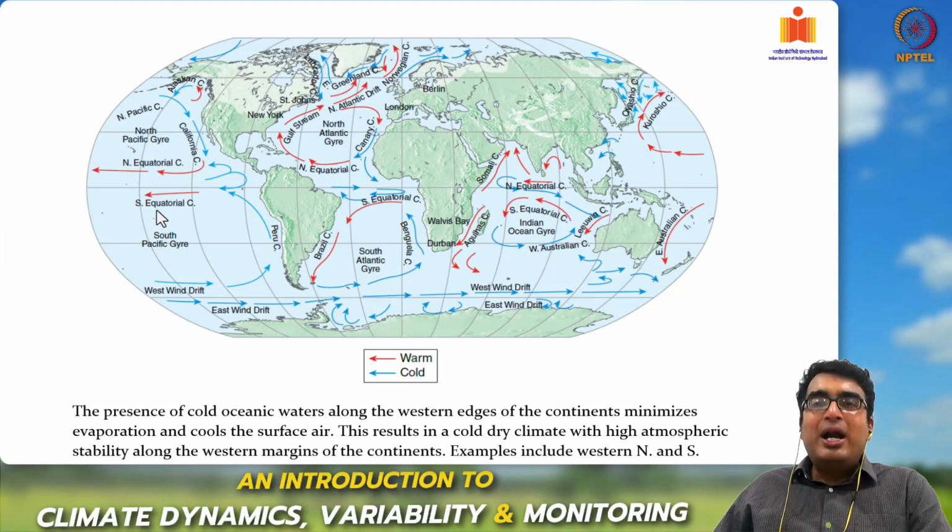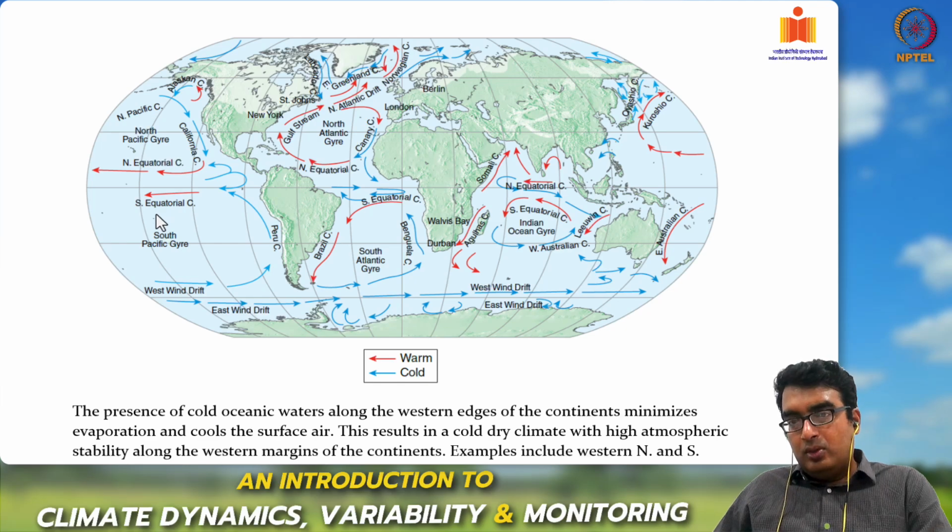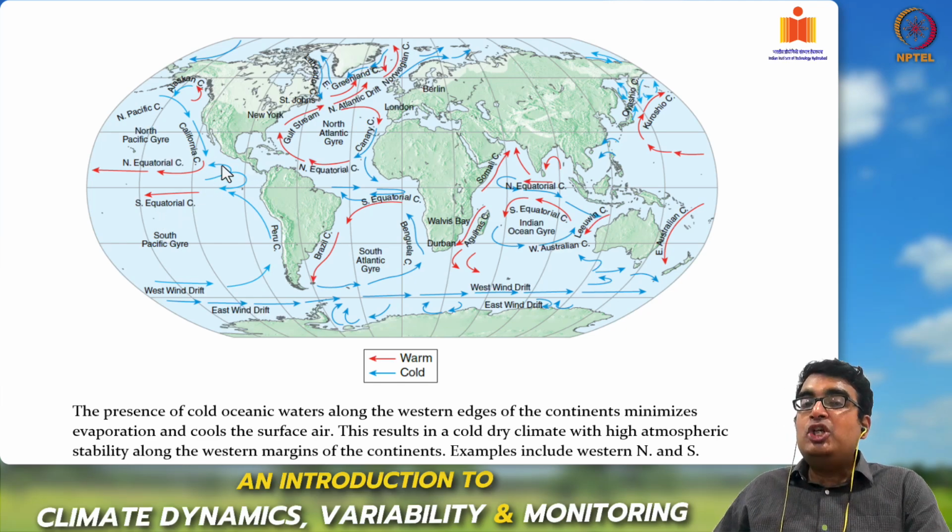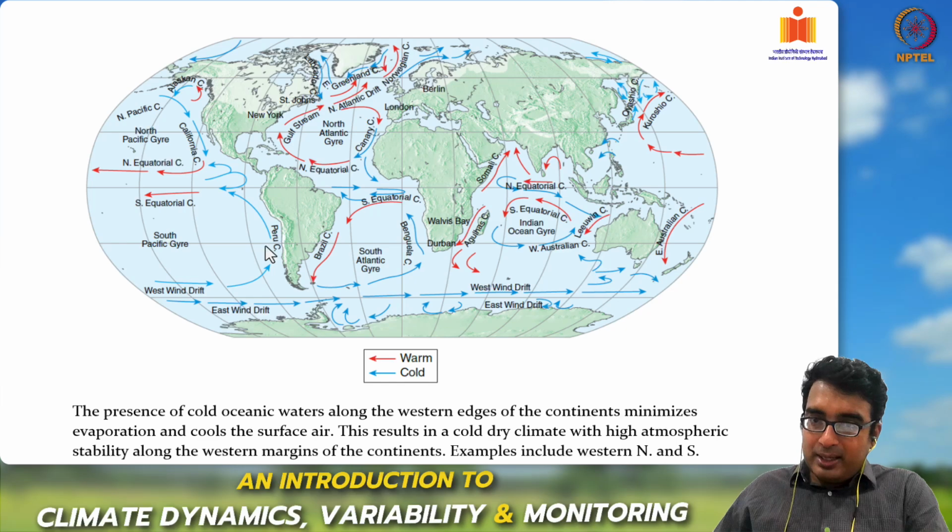So, what is happening here? We are seeing initially cold waters moving from the western coast of the Americas to eventually warm waters hitting the eastern coast of Asia, Indonesia and Australia.